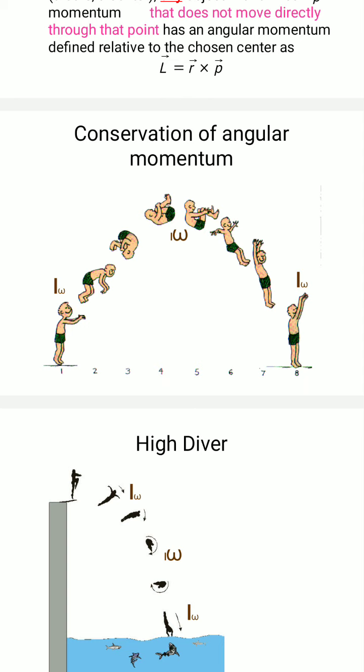Correspondingly, he will be rotating very fast when the body is in this small, not spread, concise area. That means it will have larger angular velocity.